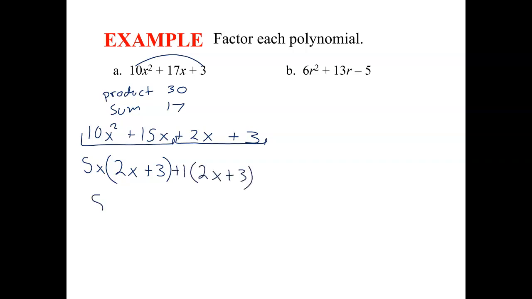Okay? 5x plus 1, 2x plus 3. So I need 2x plus 3. I already have 2x plus 3. So I still have to factor something out. But I don't want it to change.